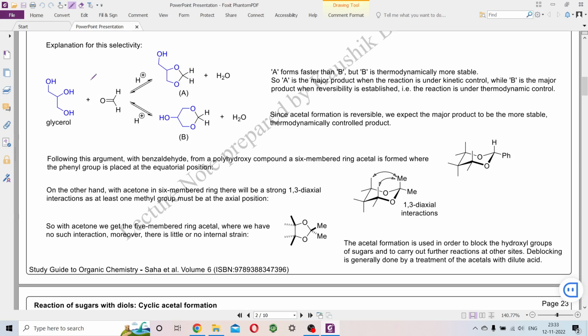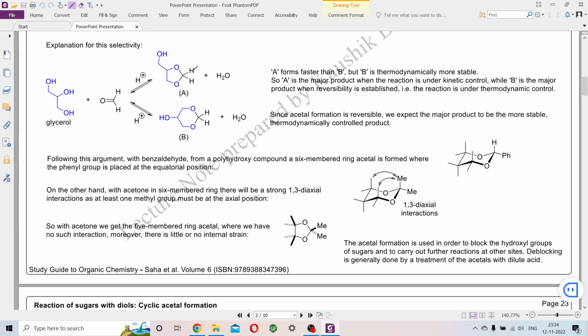When the reacting partner is formaldehyde, under acid catalysis, anhydrous condition, you do get both acetals, but one acetal tends to dominate the other depending upon the reaction condition.